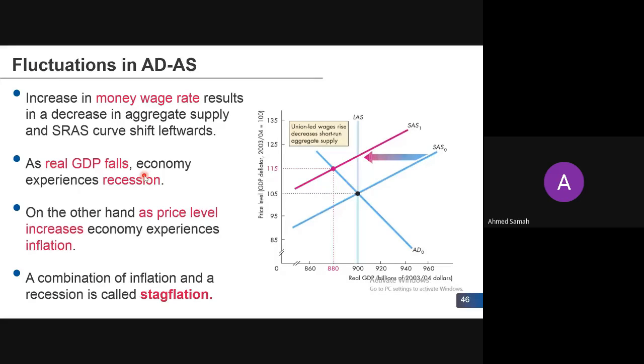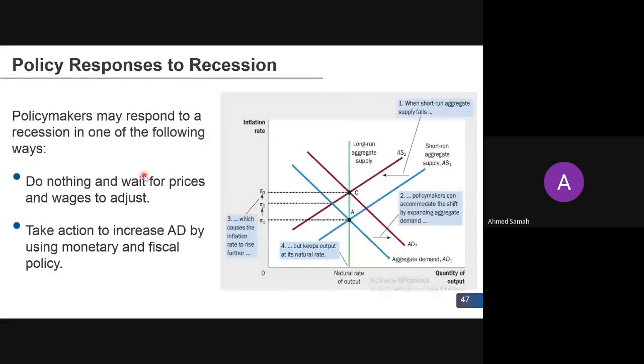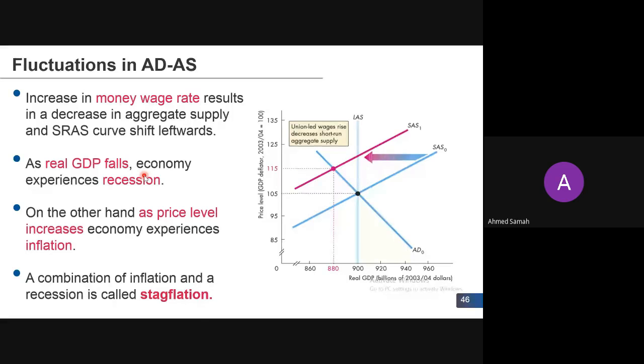Then one last thing before ending: fluctuations in aggregate demand and aggregate supply. Increasing money wage rate results in a decrease in aggregate supply, and the short-run aggregate supply curve shifts leftward, because when wages increase, the firms will have to incur more cost.